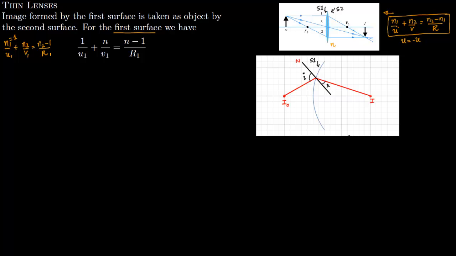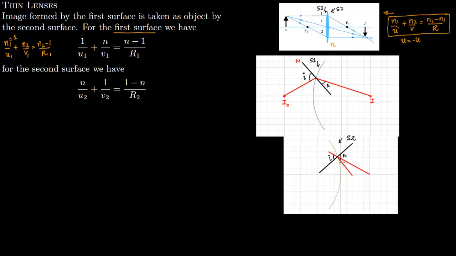Now you have a second surface. For the second surface you're already inside the lens. So again we will first copy down the formula from the previous lecture. R2 is the radius of this second surface.